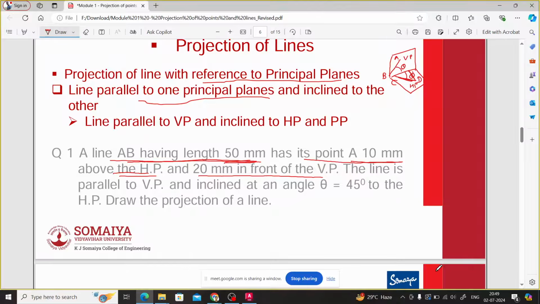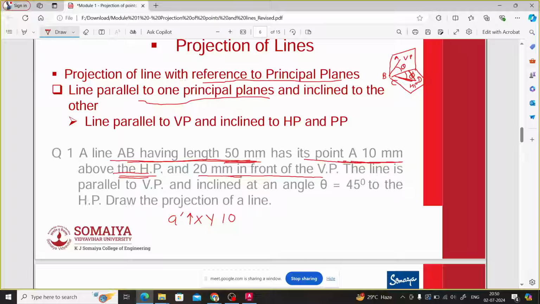Now, how should we convert this into the desired location so that we can locate the point? Whenever the distance is above HP, how should we denote it? It should be A dash. A dash will always be located above XY, and we should write 10. So point A, 10 mm above HP, is A dash above XY by 10.